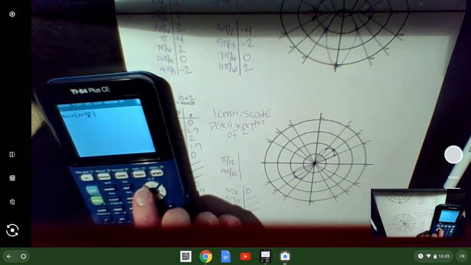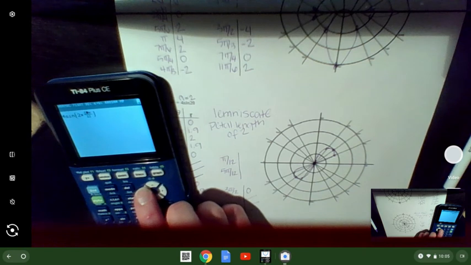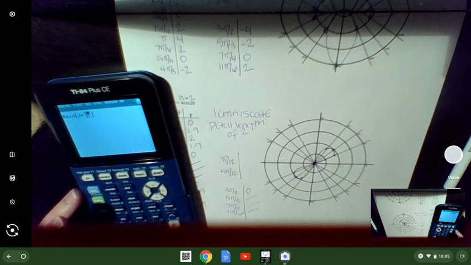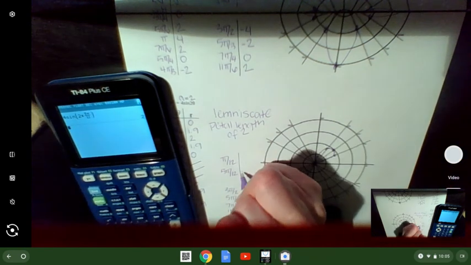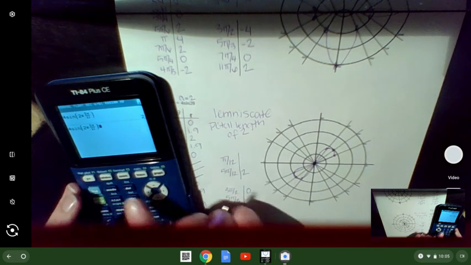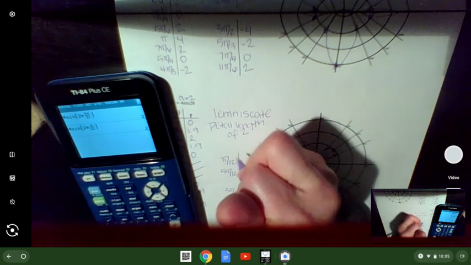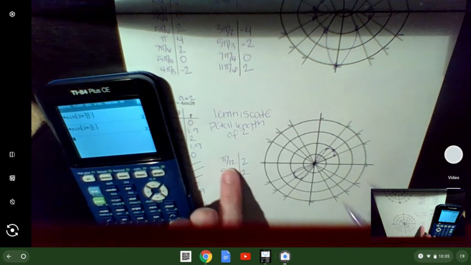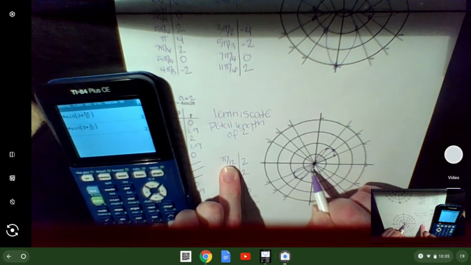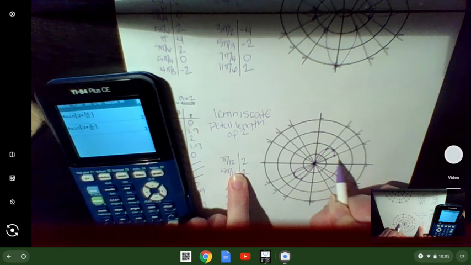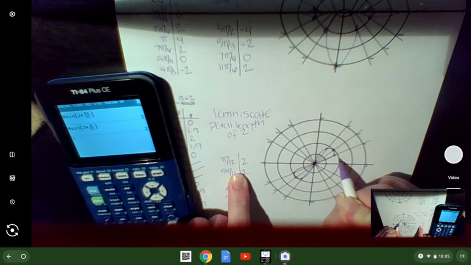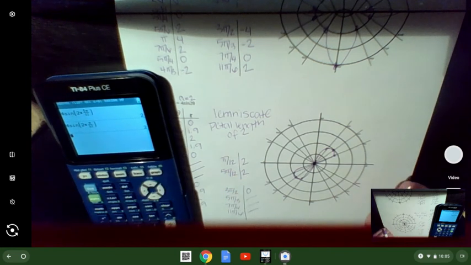So let's see, 5 pi over 12 is going to give me 2. And pi over 12 is going to give me, hey, look at that, 2. So at pi over 12, which would be right here, I'm actually 2 out. Now, let's see. Oh, wait, I have to square root those.